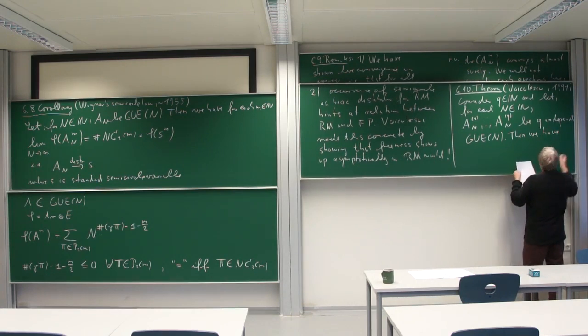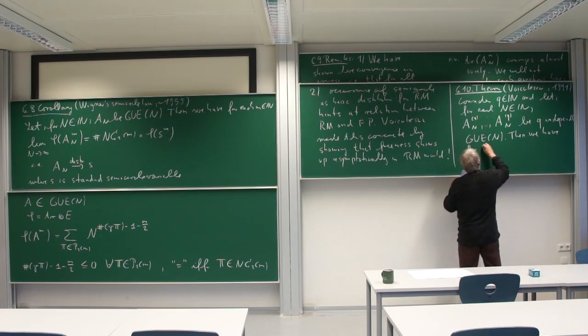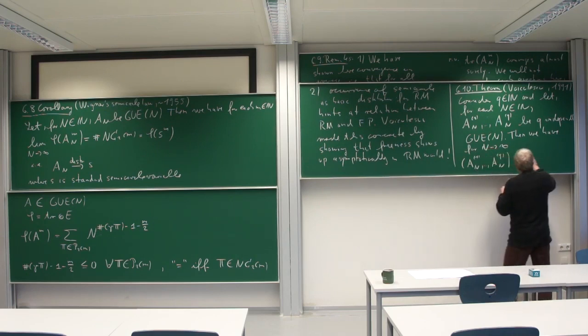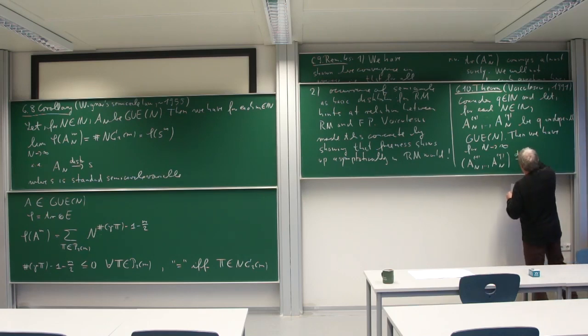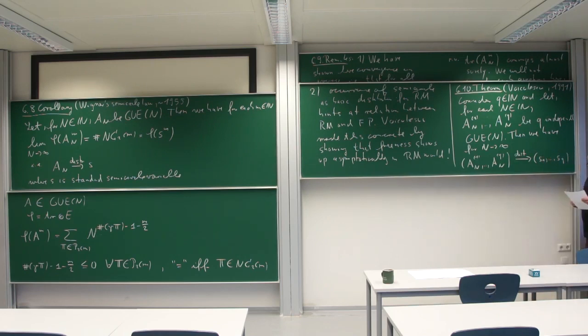we have for n equal to infinity, that the joint distribution between those q Gaussian random matrices converges in distribution to the corresponding q-tuple of free semicirculars.